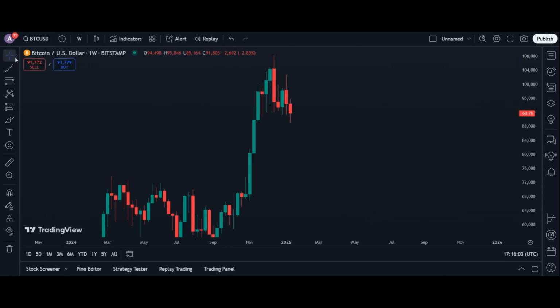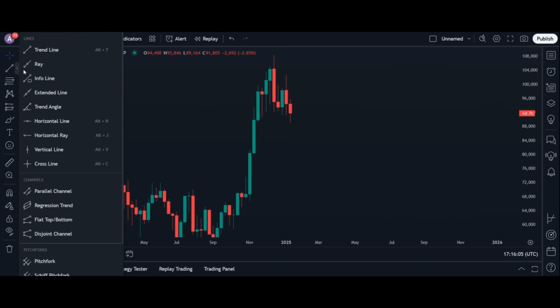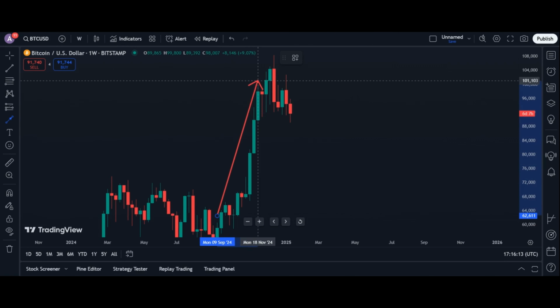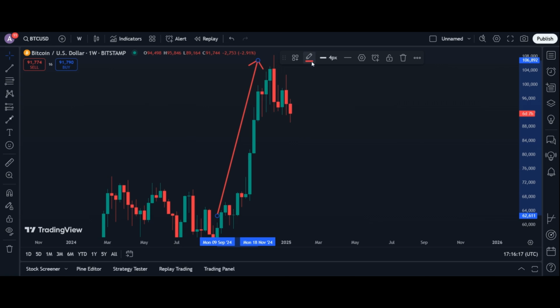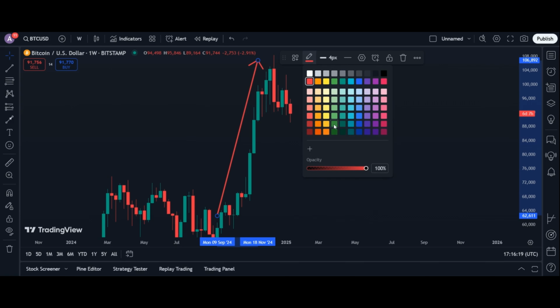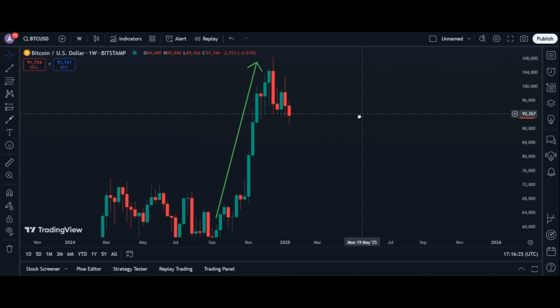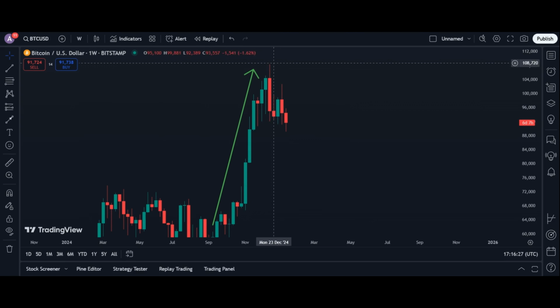So this chart, let me use the arrow, is comprised of two main trends. At first it was an uptrend, and let me change the color to green. At first it was an uptrend, and then it touched the peak.